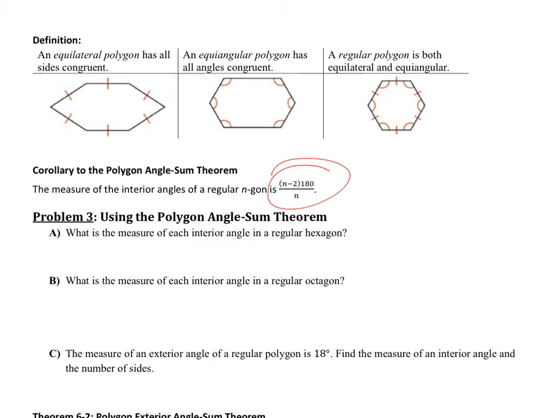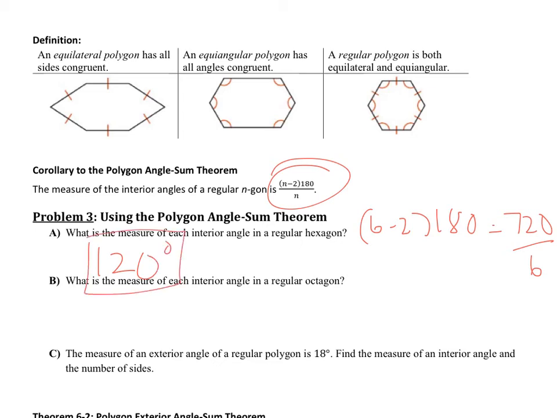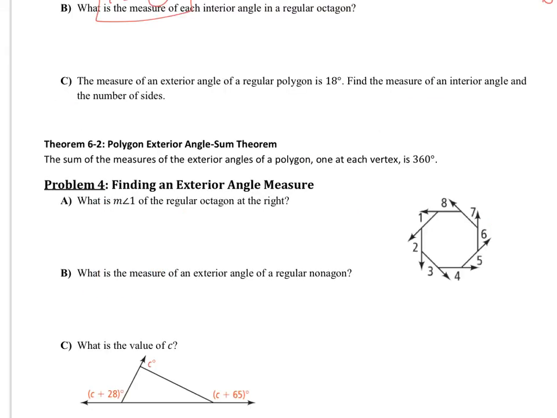A hexagon has 6 sides, so I would do 6 minus 2 times 180, and that would give me my total measure, 720. Now it's saying all 6 of your angles are congruent. So if I divide that by 6, I would get that each angle is 120 degrees. So you're going to do B by yourself.